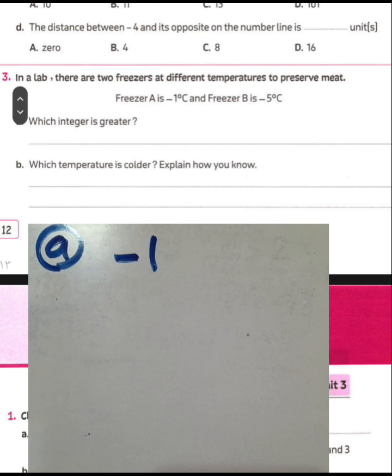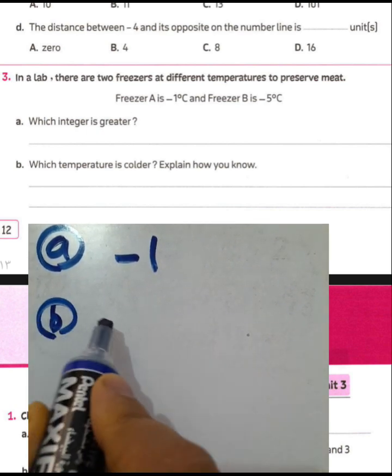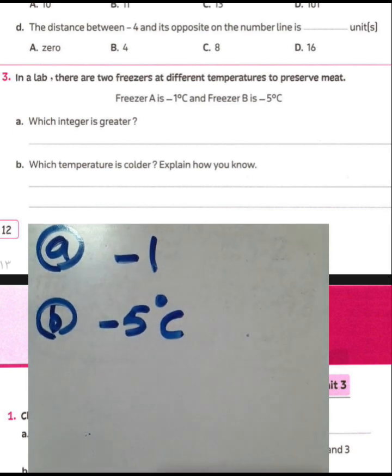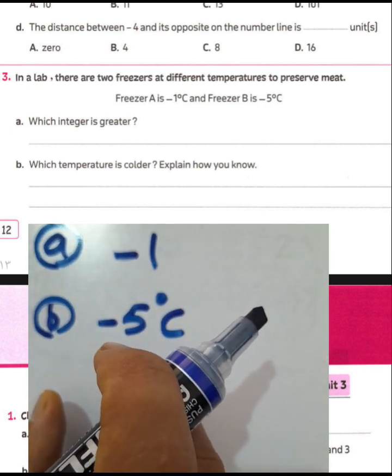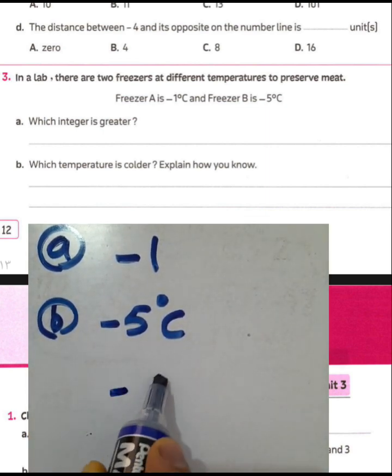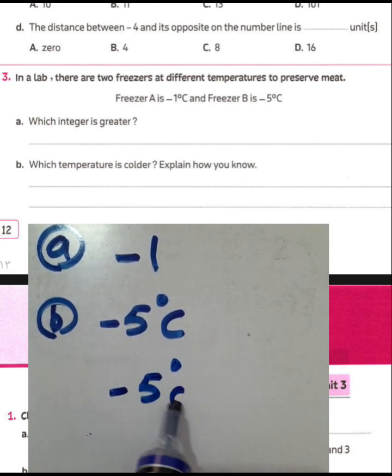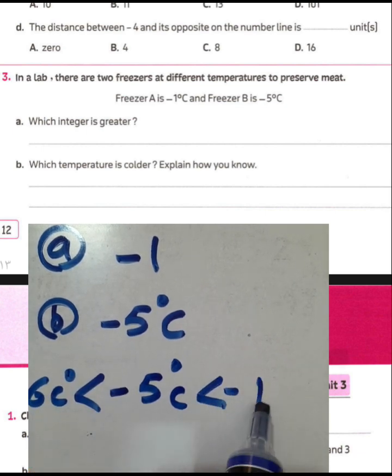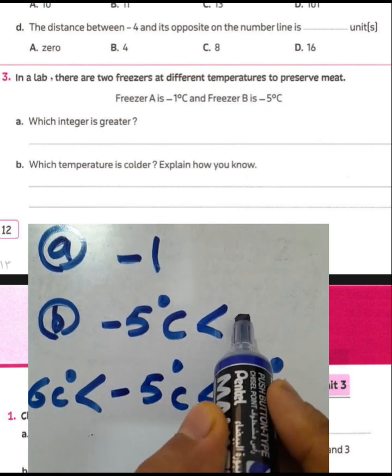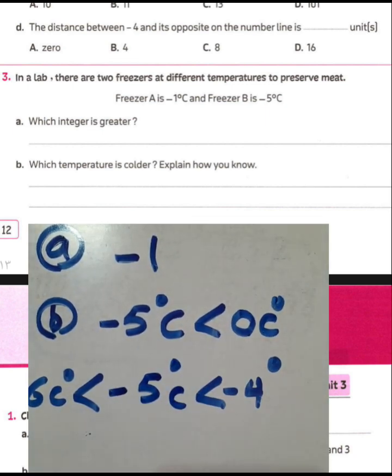Letter B: which temperature is colder? Explain how you know. We know -5 degrees Celsius is greater than -6 and -7 and so on, because -5 Celsius is greater than -6 Celsius and less than -4 Celsius, and we know -5 degrees Celsius is less than 0 Celsius degree.